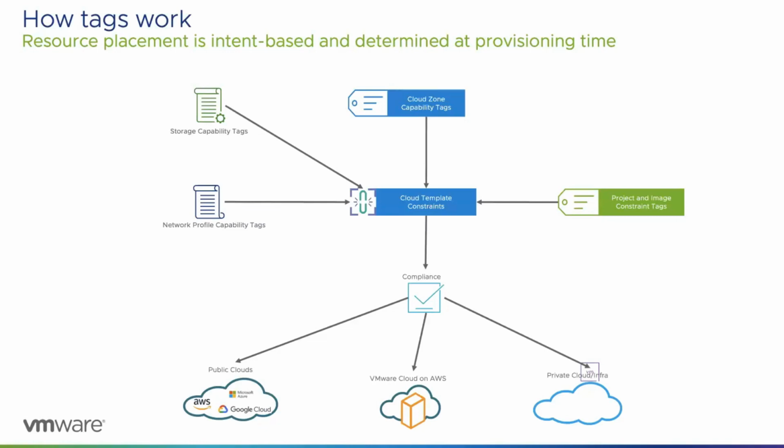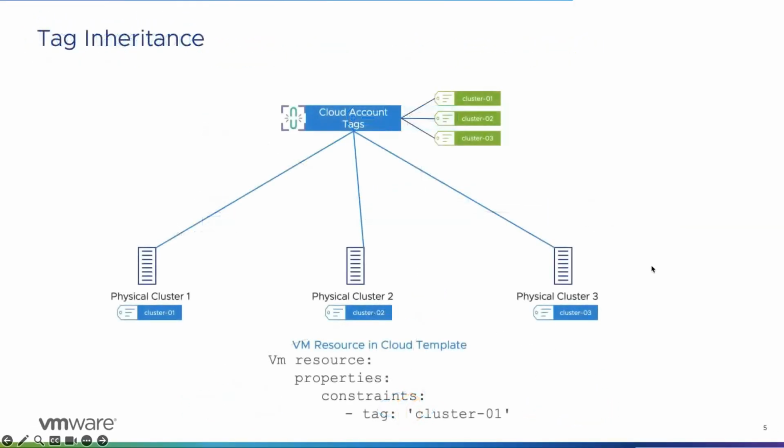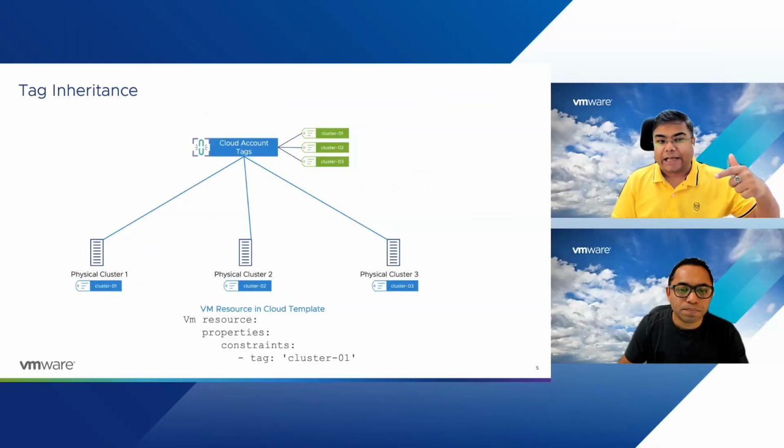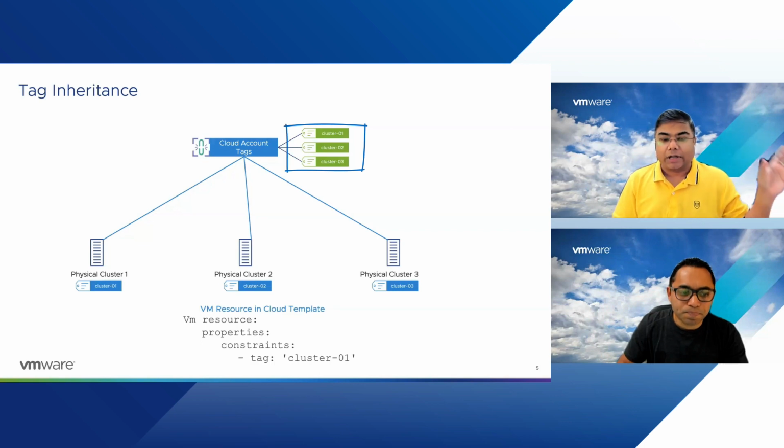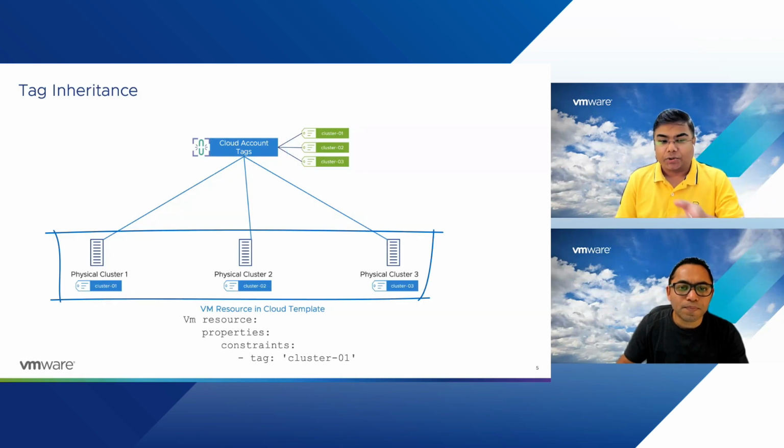Right. So in this term, one point I wanted to talk about is tag inheritance. So your cloud account, say for example, has 3 tags, say cluster 01, cluster 02, cluster 03, because your cloud account has 3 different clusters. And under that, you have the physical clusters tagged with cluster 01, cluster 02, cluster 03, like you see here. So individual clusters are tagged like this.